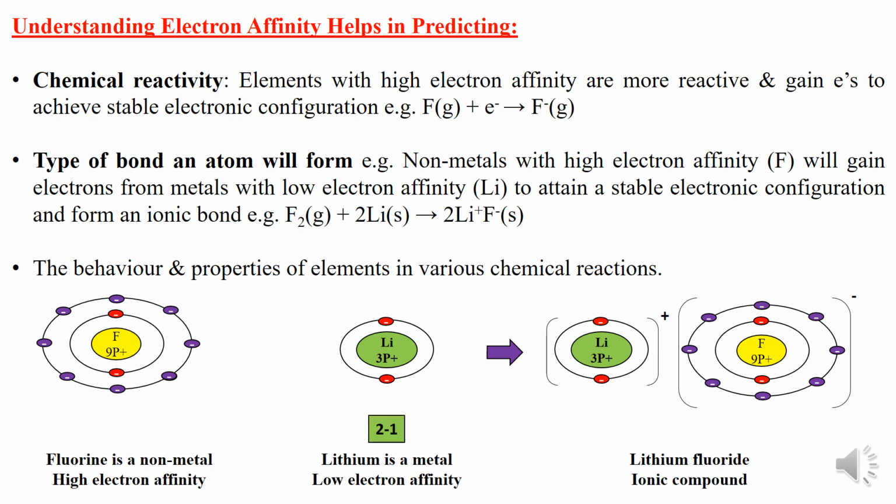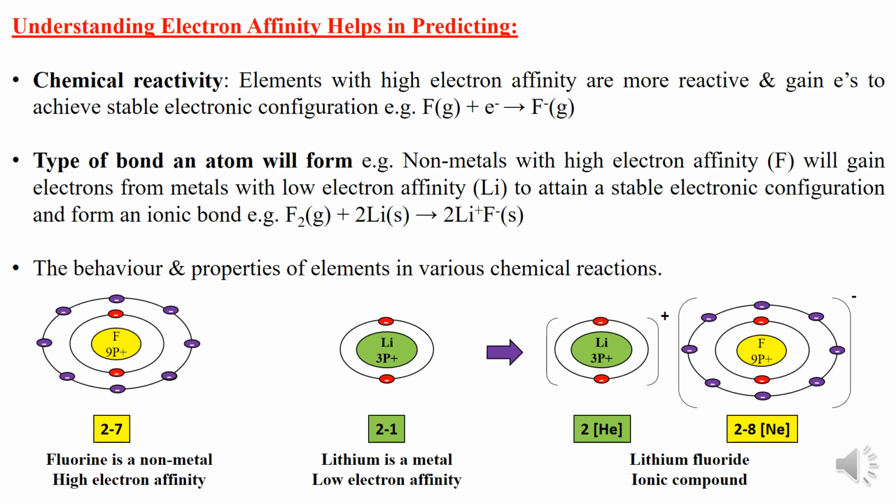Now the lithium atom, before the reaction, its electronic configuration was 2-1, 2 electrons in the first shell, 1 electron in the second shell, and it attains the stable electronic configuration by losing its outermost valence electron. So lithium, after losing its outermost valence electron, attains the stable electron configuration of helium, while fluorine, before reaction, has electron configuration of 2-7, and after gaining an electron given by lithium, it attains the stable electronic configuration of neon, which is the nearest noble gas in the periodic table.